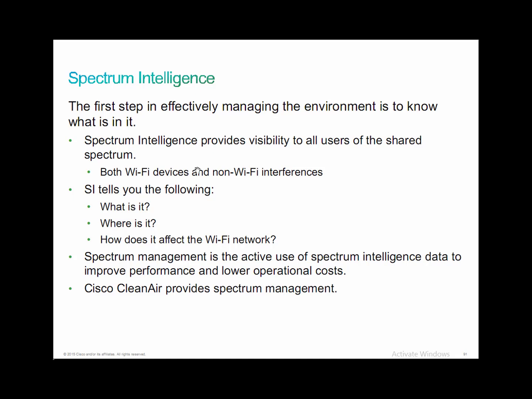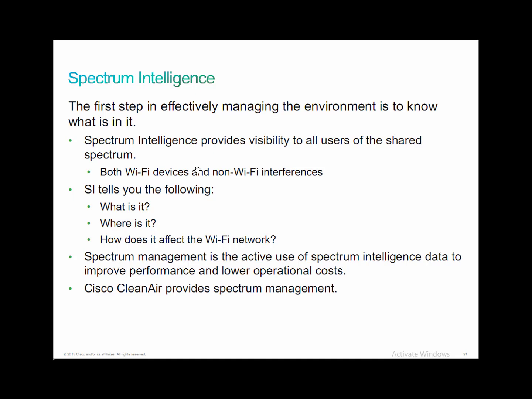It's all about RF activity, and Cisco has integrated a lot of algorithms and a lot of technology into this Clean Air architecture so that it can dynamically identify and work with these environments. So it provides that visibility to all the users of that shared spectrum, both Wi-Fi and non-Wi-Fi interferers.